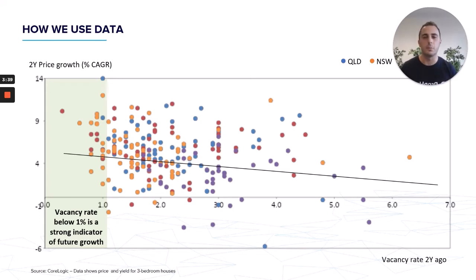And so here, for example, we saw that under very specific circumstances, buying in areas with vacancy rates below 1% is actually a very good indicator of price growth. Not a silver bullet. There are, of course, many more variables, and that's why we use 200 and not just one. But just to give you an idea, this is how we are using data.